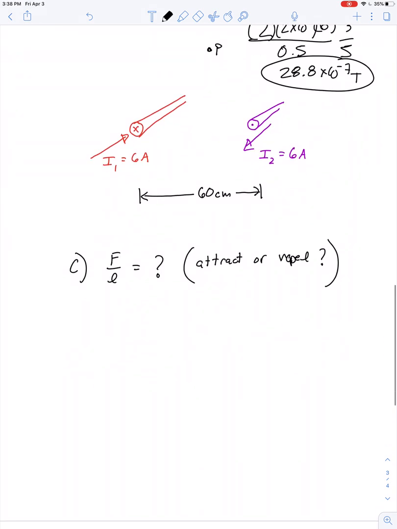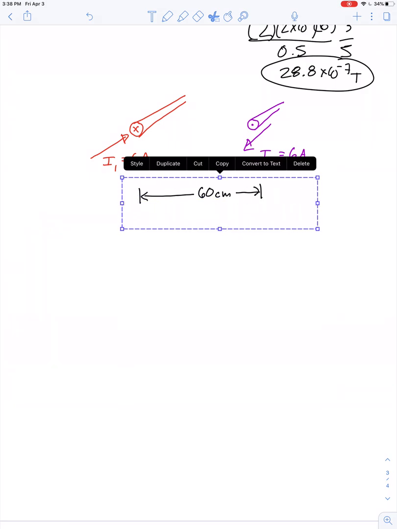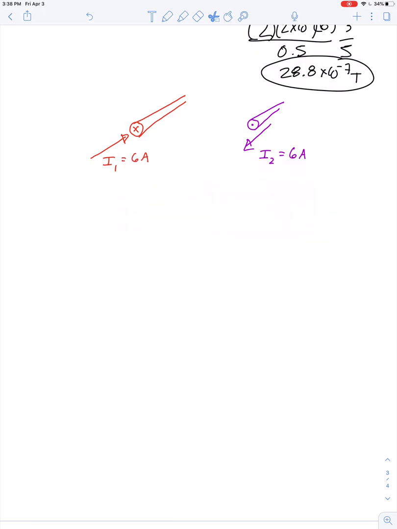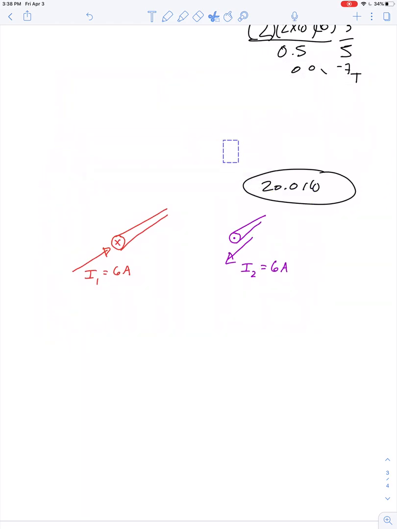So the last part of this problem, part C, do these wires attract or repel each other? Okay. Well, now that we've seen the question, let's clear a little space. Let's use the superposition principle and take it one step at a time.